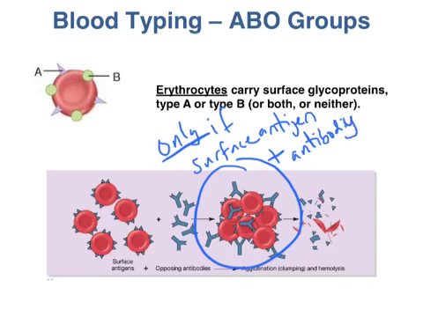Okay, so if the donor is type A, it's only going to happen if the recipient has anti-A antibodies.